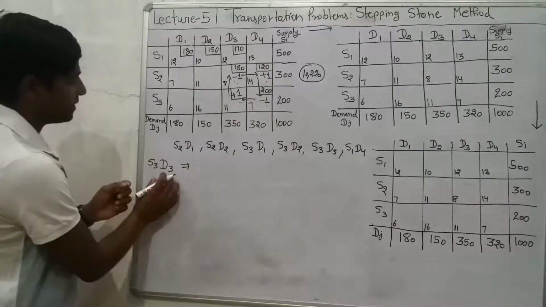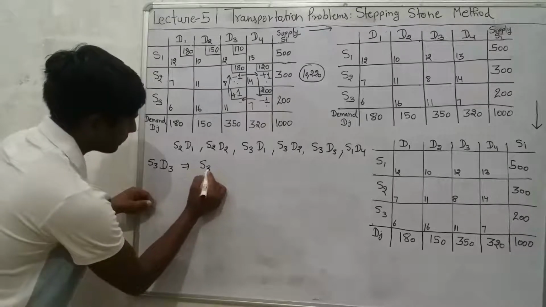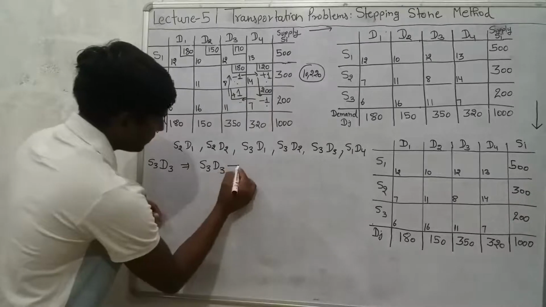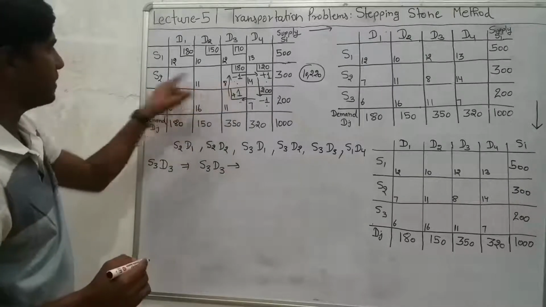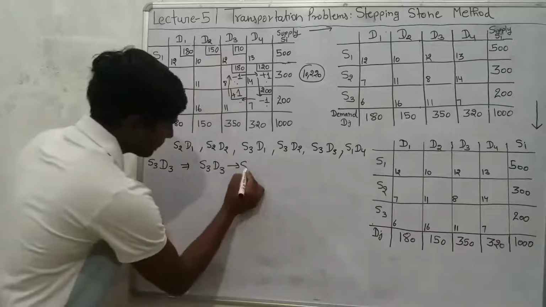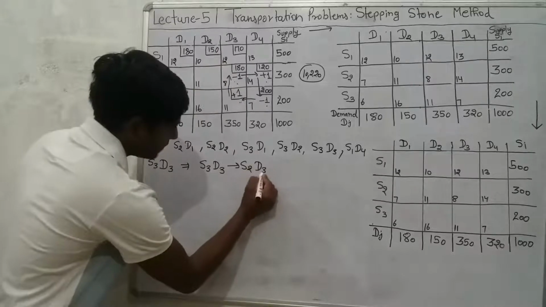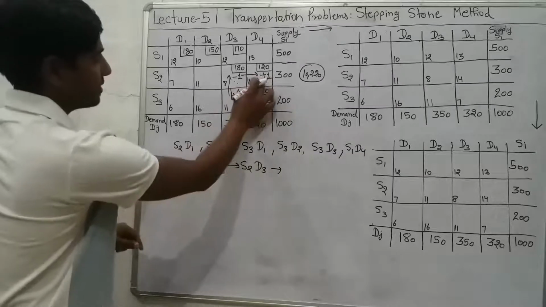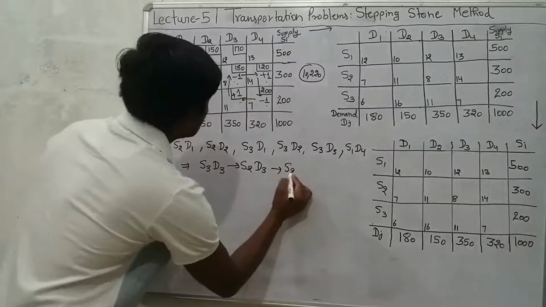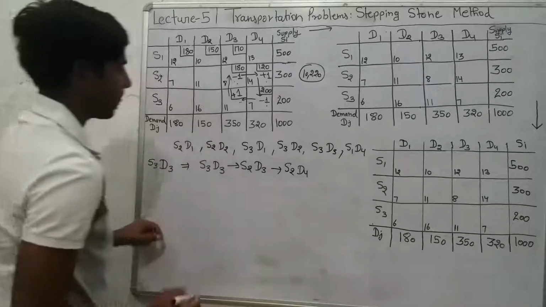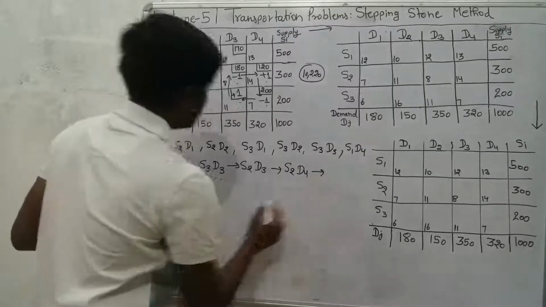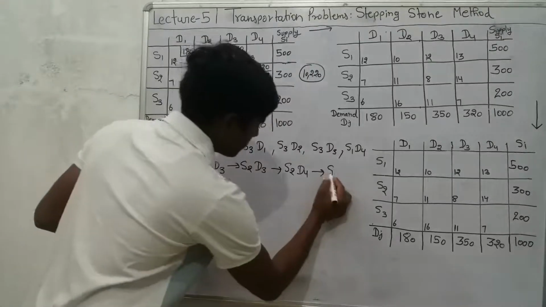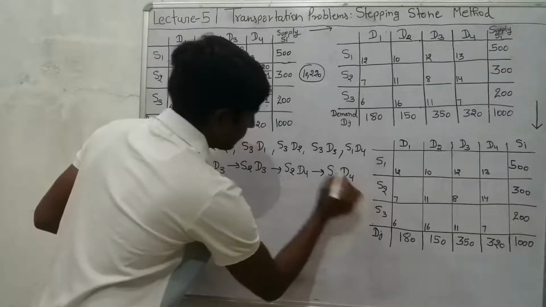Suppose we start from S3 D3, then we shift to this cell, S2 D3, then horizontally to the next cell, S2 D4, and again vertically to S3 D4.